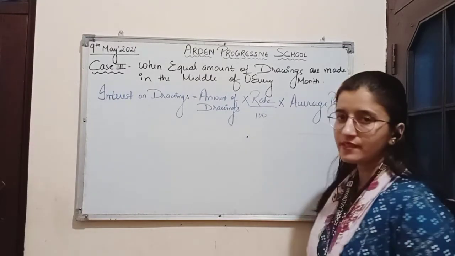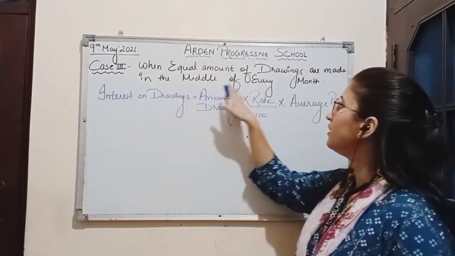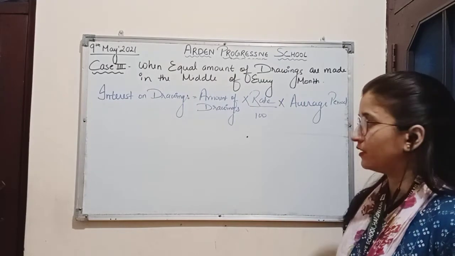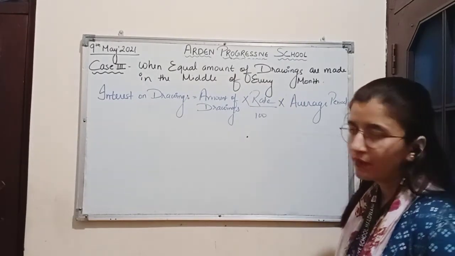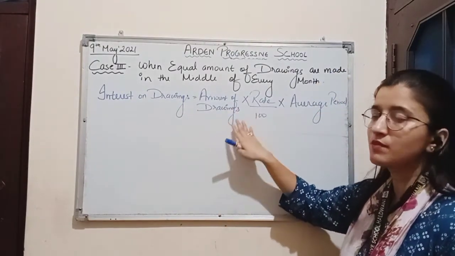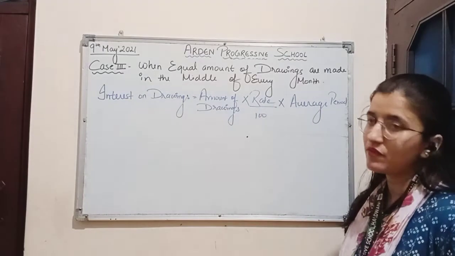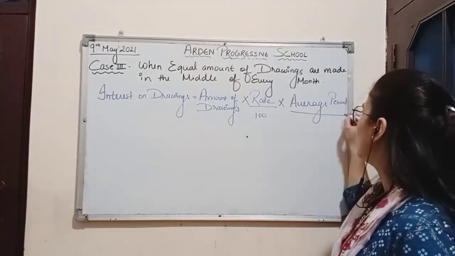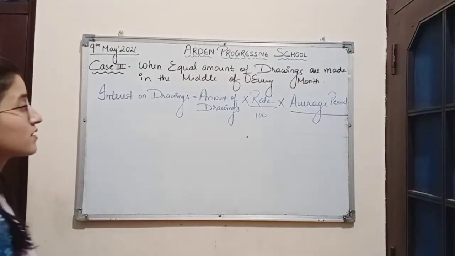Now the third case is when equal amount of drawings are made in the middle of every month. So in this case also the common formula will be applied, which is interest on drawing is equal to amount of drawings multiplied by rate divided by 100 into average period. So here we will learn how to calculate average period in this case.